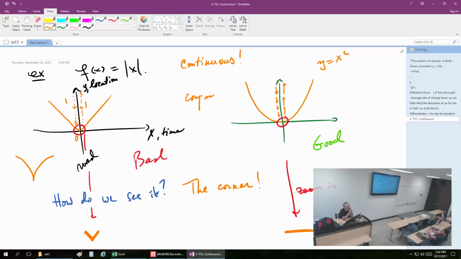Or a shoreline. You look at it from space, it looks curvy and very rugged. You zoom in, you look at it from an airplane, it's still rugged. You look at it from standing there, it is rugged, and if you use a microscope, it will still look rugged. And that's exactly what we cannot handle with calculus.